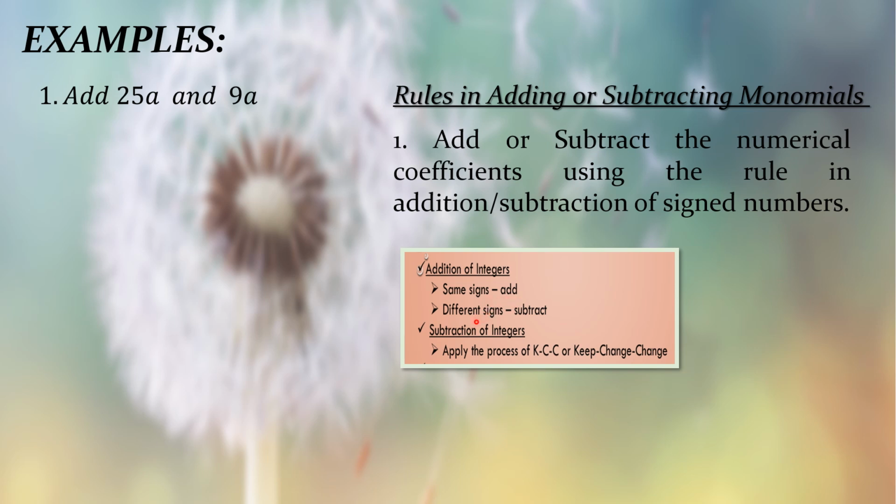Different signs, kapag ang isa ay negative at ang isa ay positive, you have to subtract. Next, in subtracting the integers, you have to apply the process of KCC or keep, change, change. Mamaya malalaman natin ano ba yung sinasabi nating KCC.